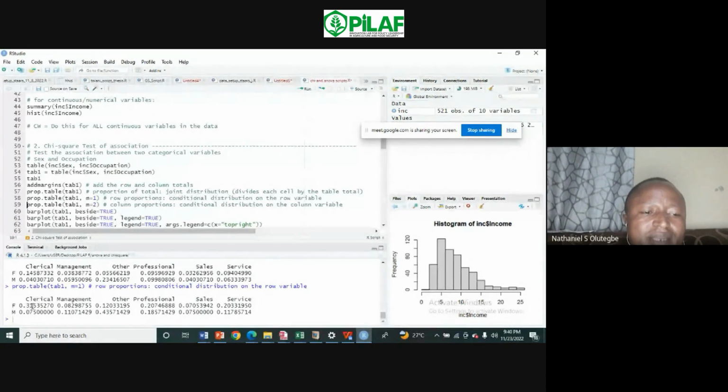By the time you look at this, within female alone, if you add up all of these, everything should be equal to 1, which is 100%. The same thing is for male.